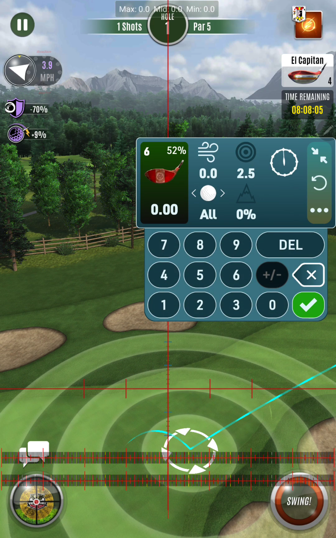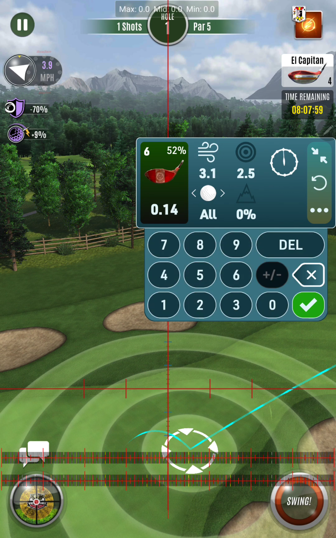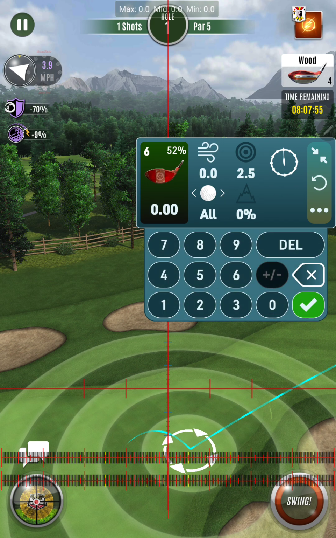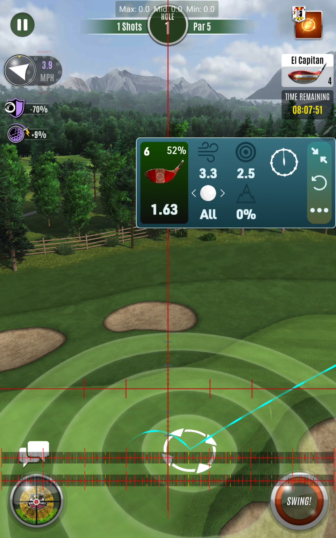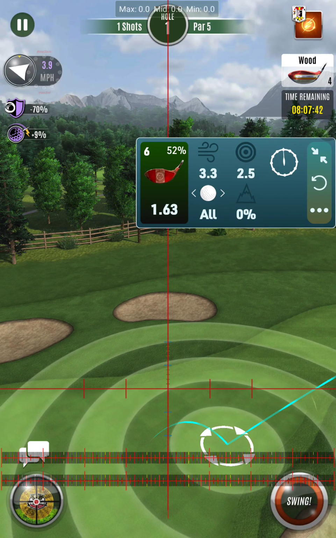Let's just say that we had a 3.1 win. A 1.63. And let's change the scale size because we just did 62%.